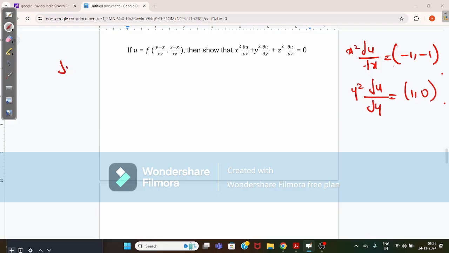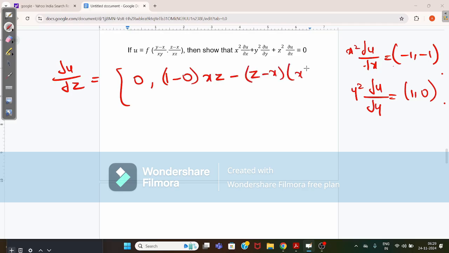Now we have to find out dou u by dou z, that equals to, you don't have any z value here, so this value is 0, and 1 minus 0 into (xz minus z minus x into x) by x square z square.